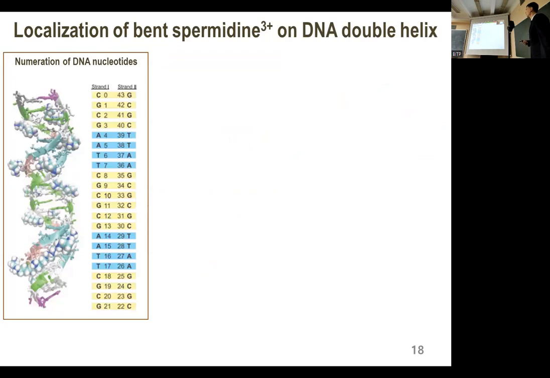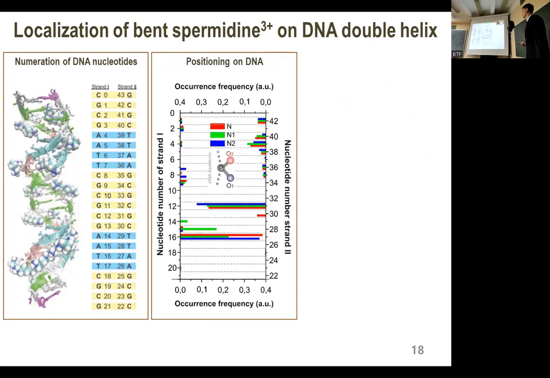And to understand how polyamines take such a distorted conformation, we have to understand where polyamines are localized in the case of this distorted conformation.